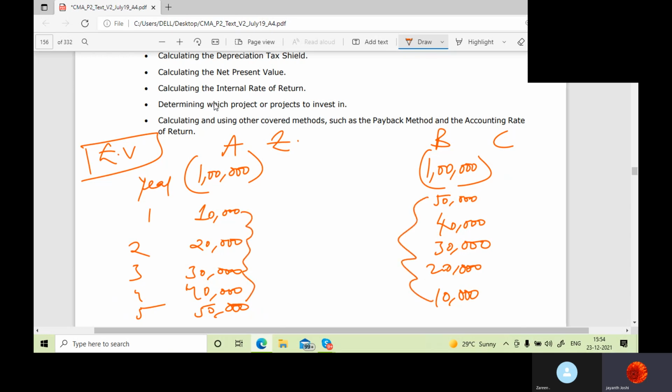Definitely, if anyone sees a project, he would say this looks more natural, more often seen in a project. Any project when you start, the first year cash flows would not be a very high amount.